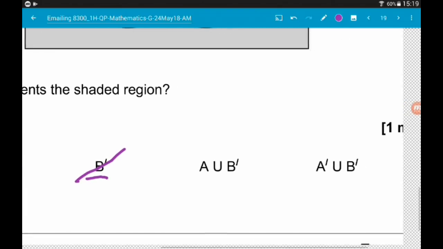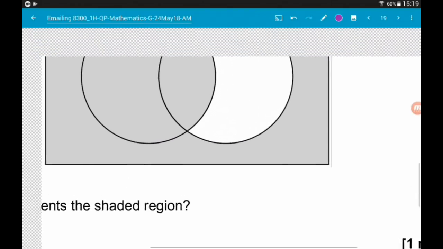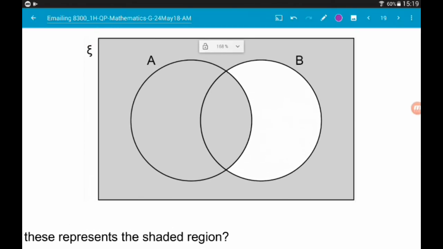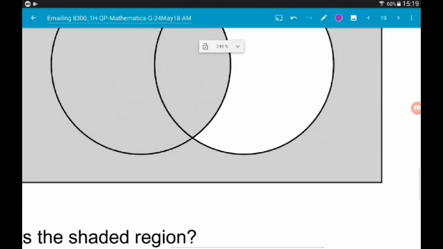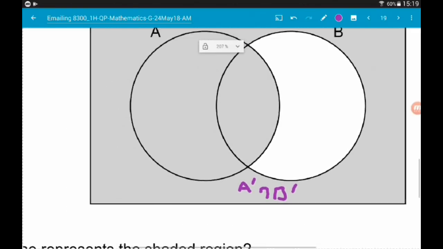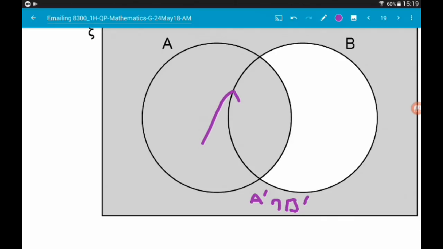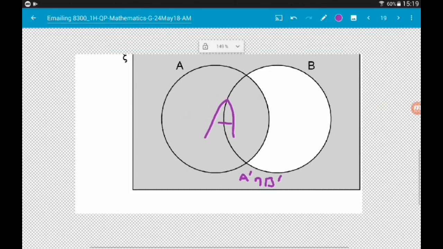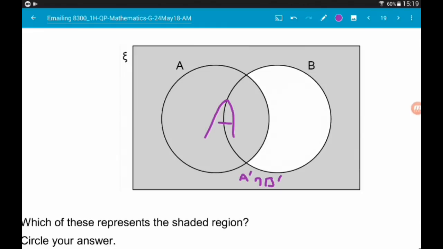Could it be A or not B? Well, the whole of the A circle is shaded, so that's definitely a good start. And then the whole of the outside is also shaded. Now the outside is not A and not B. Given that the whole of this circle is A, then we do have A shaded.